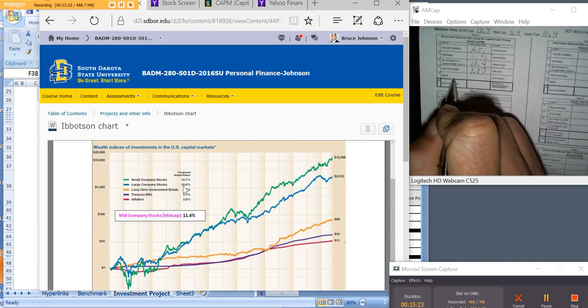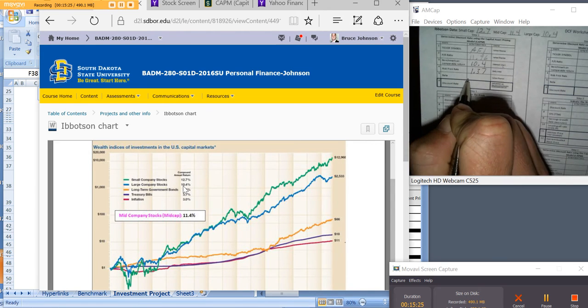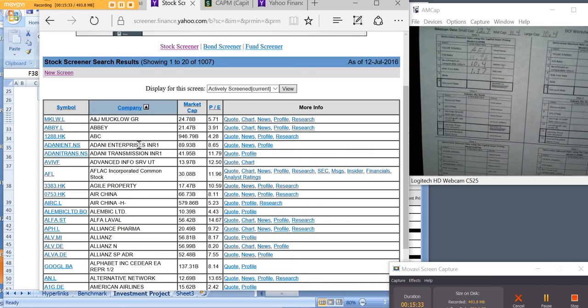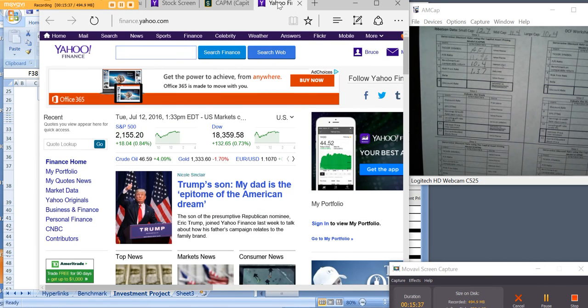The next piece of information I need is the beta coefficient. So now I'm actually going to go to Yahoo Finance. Now we're not going to use the stock screen, or I've written down the ticker symbol. We're now going to go to that other site.